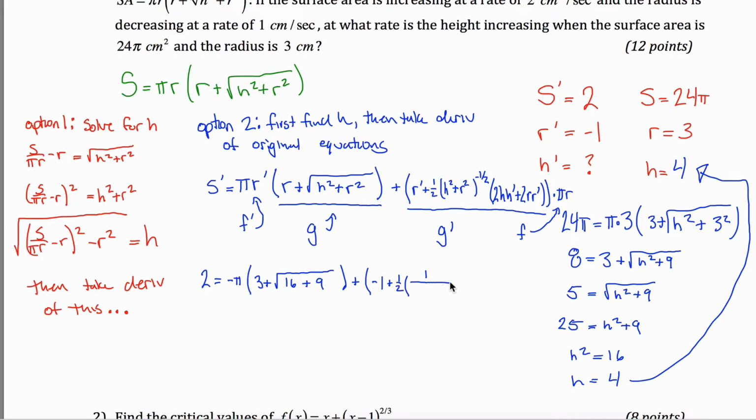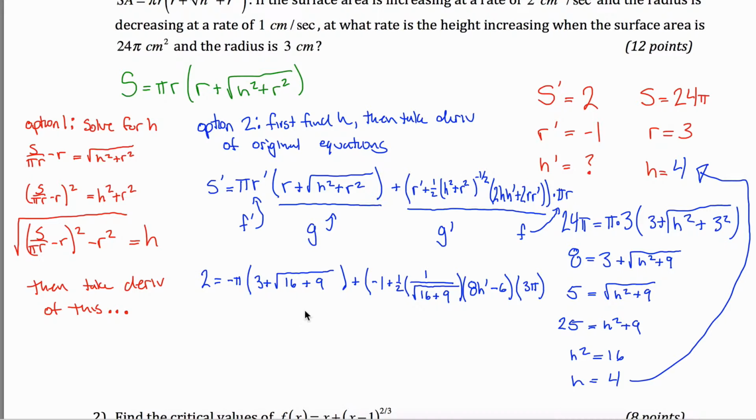That's the same as 1 over the square root of h squared plus r squared, which as we saw before is 16 plus 9, times 2 times h prime, so 8h prime, plus 2 times r prime, which is 2 times 3 times -1, aka -6, times pi times r, which would be 3 pi.